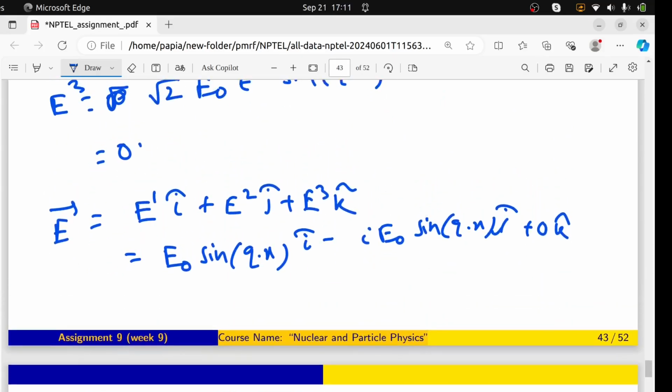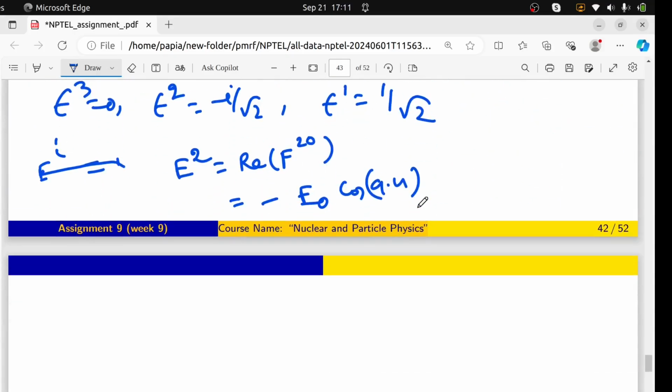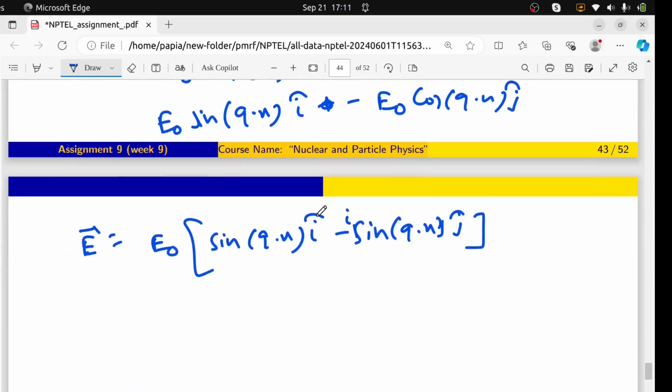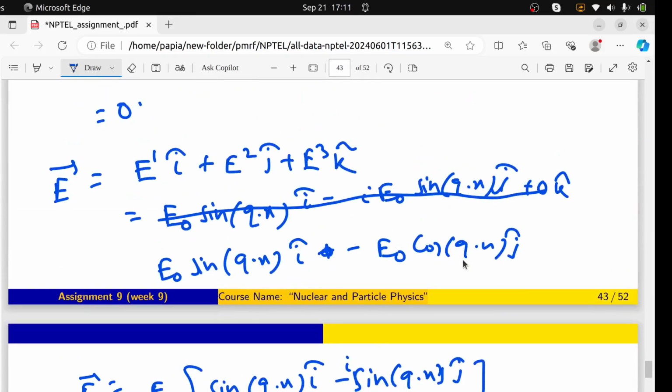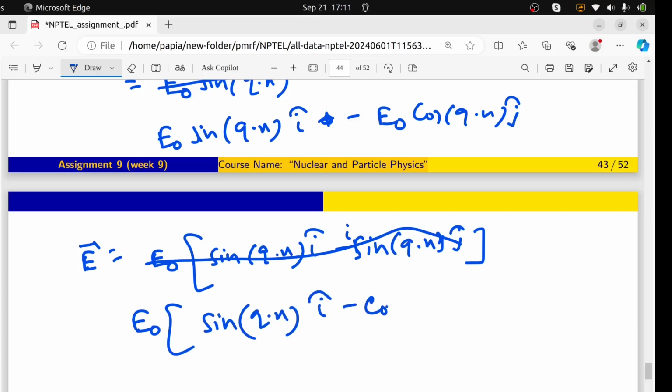Here it will be like E0 sin q dot x i cap, it will not be plus, it will be minus E0 cos q dot x j cap. Why? Because we have already seen here E2 is minus E0 cos q dot x. So the answer will be E0 into sin q dot x i cap minus cos q dot x j cap.